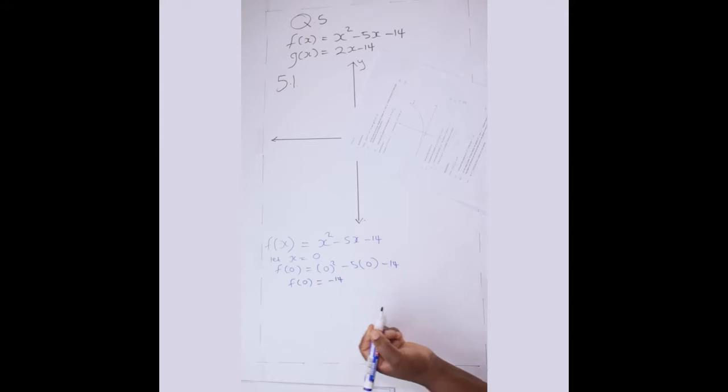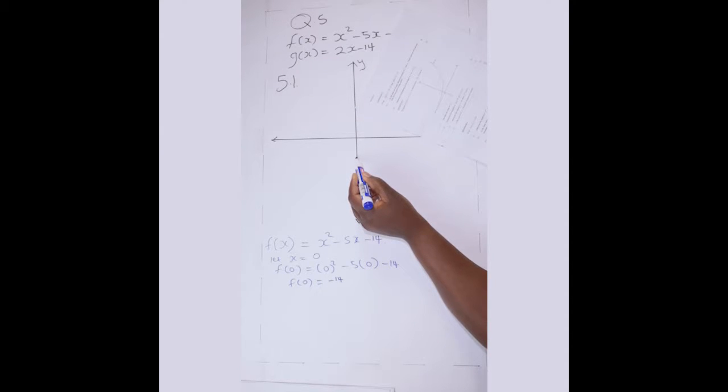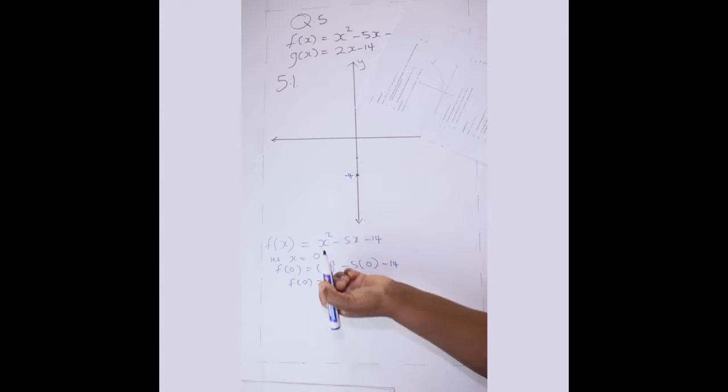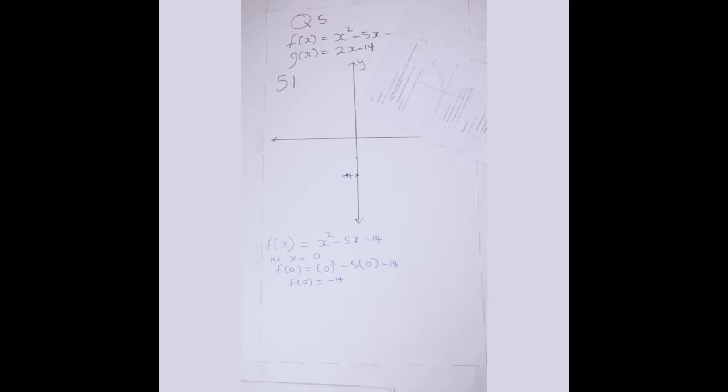In other words, in a Cartesian plane, you will go and find where minus 14 is. So say this is minus 7 and make this one minus 14. So this is where we will have our y-intercept for the parabola graph.